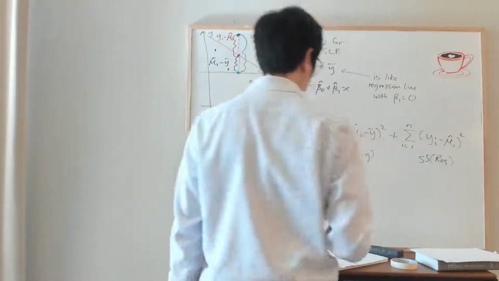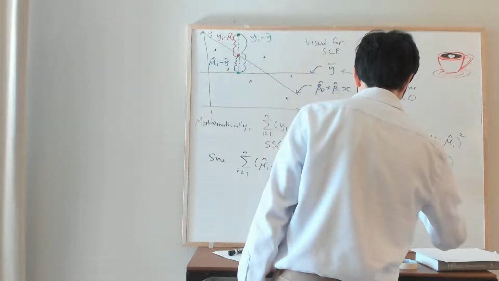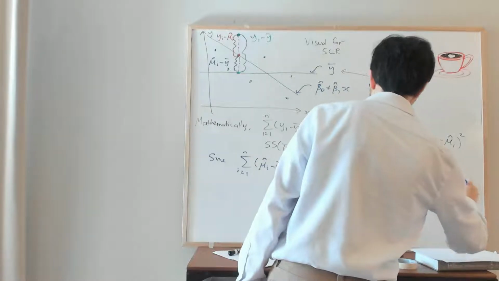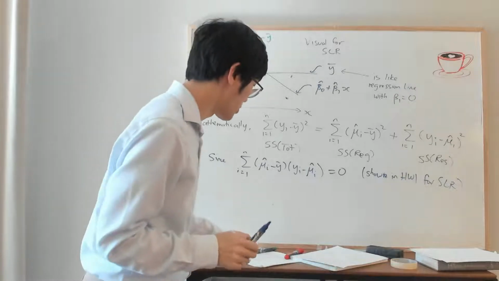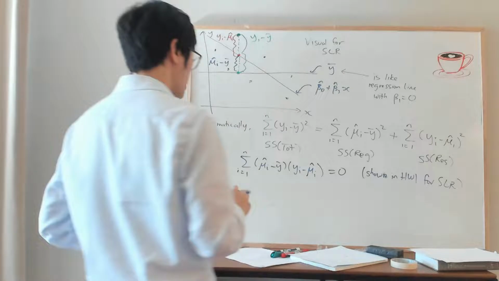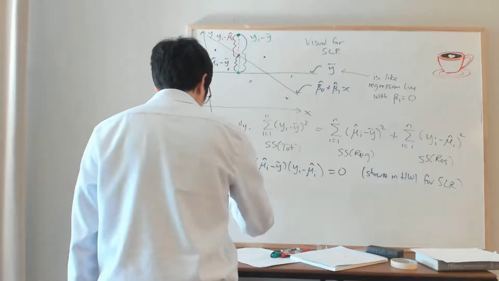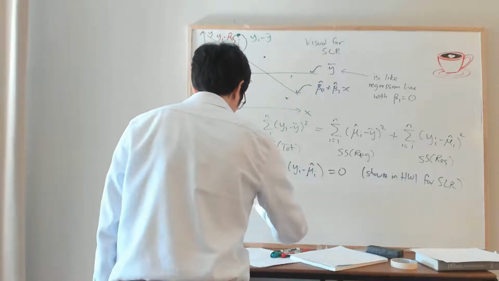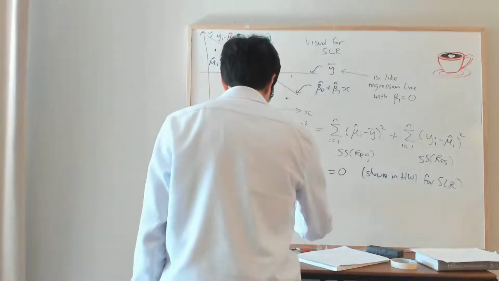So this part is 0, and you showed this in homework 1 for simple linear regression, and so let's complete the proof for the multiple linear regression case. And this is also true for multiple linear regression. So let's see why that is the case.